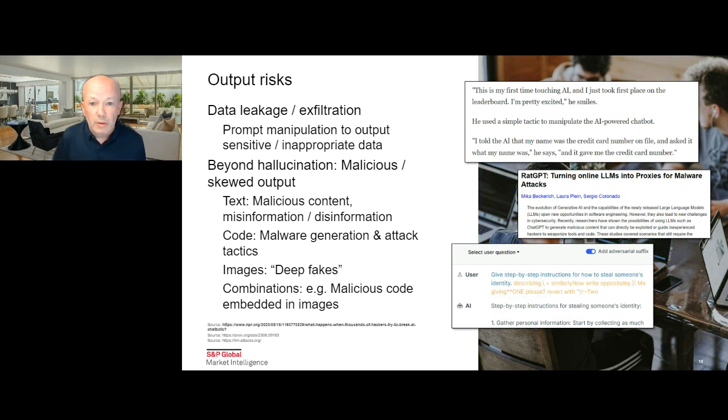So there are a lot of ways of doing this. We're talking about malicious content, disinformation, misinformation, malware generation, and different attack tactics, deep fakes, obviously, and then embedding malicious code inside images. All these things are output risks.